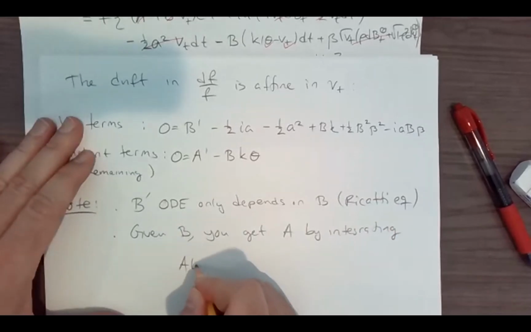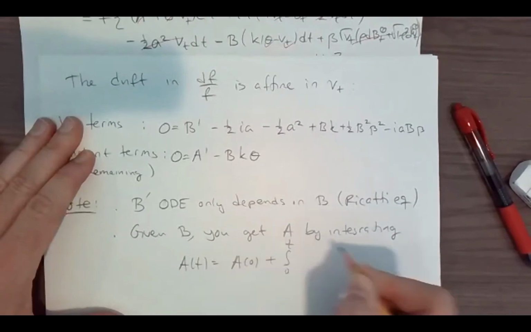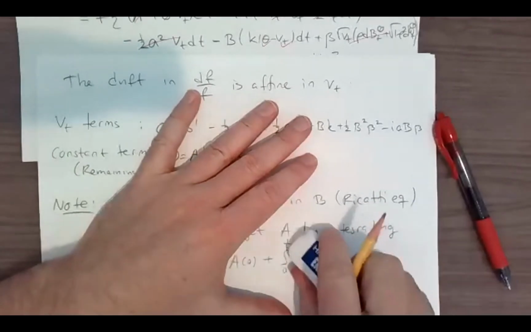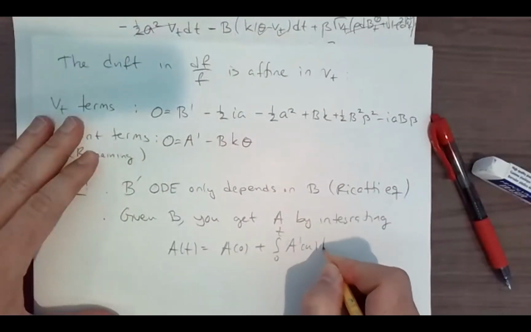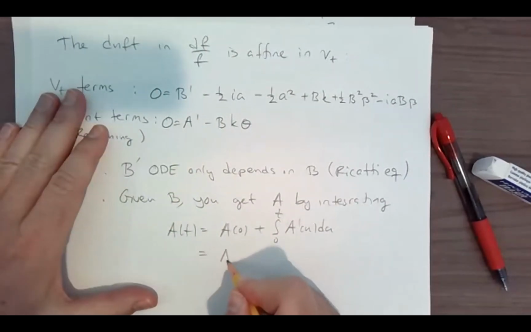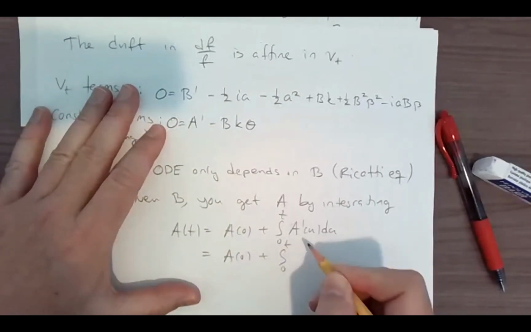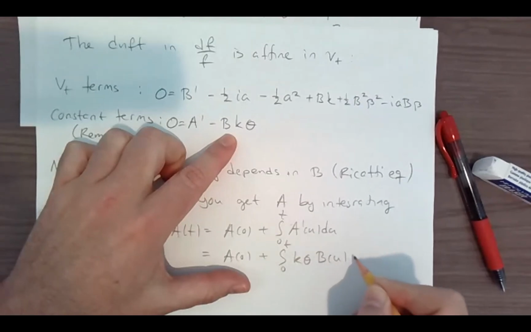So you get that A of t is equal to A of 0 plus an integral over A prime, right, and A prime is exactly kappa theta B of U du.